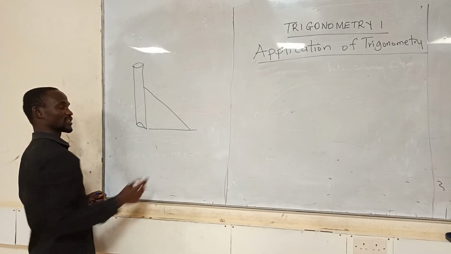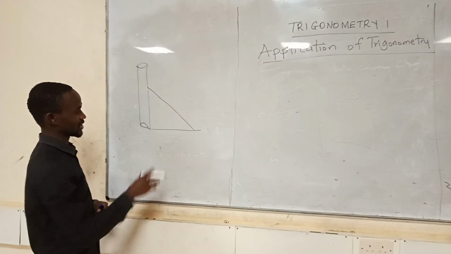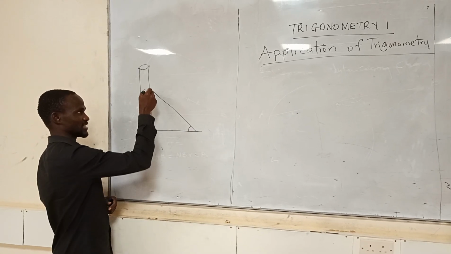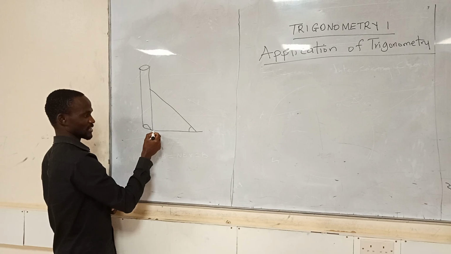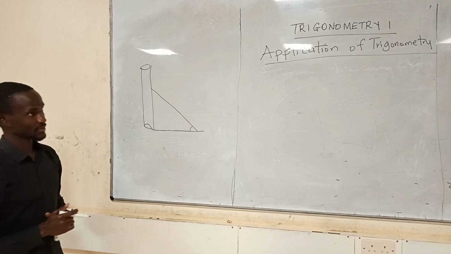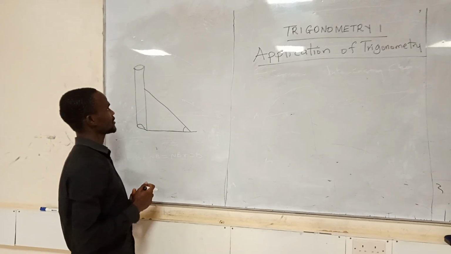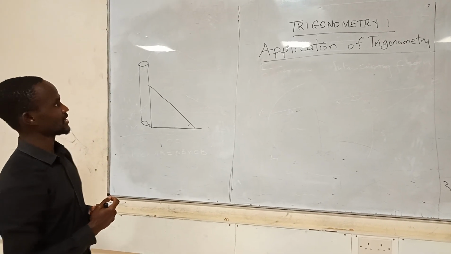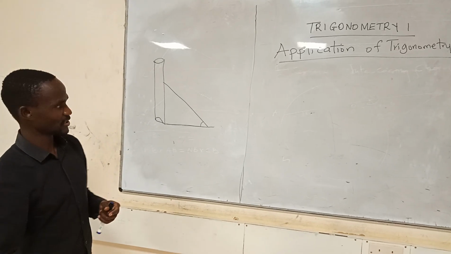When that wire was being placed, actually trigonometry was being used. There's a particular angle that the wire was placed, there's a particular length, and then there was a particular distance on the horizontal ground.